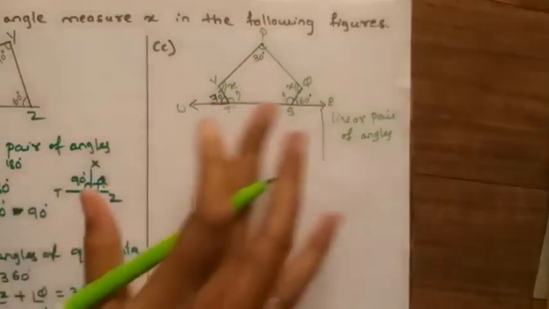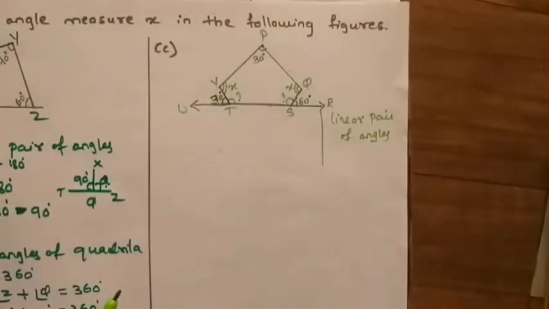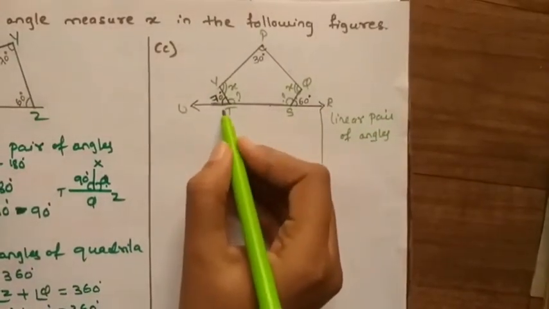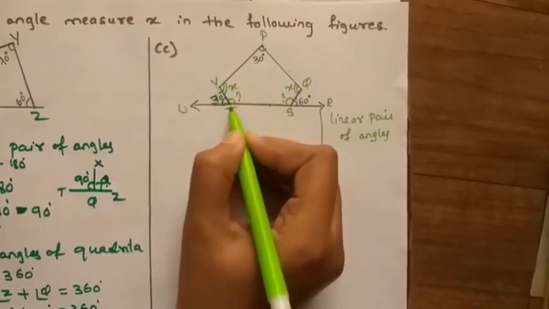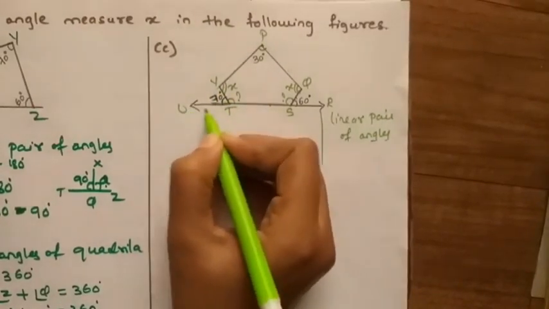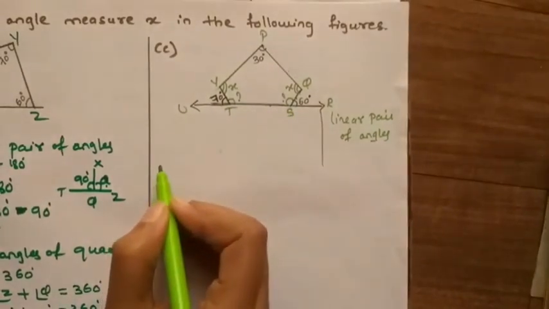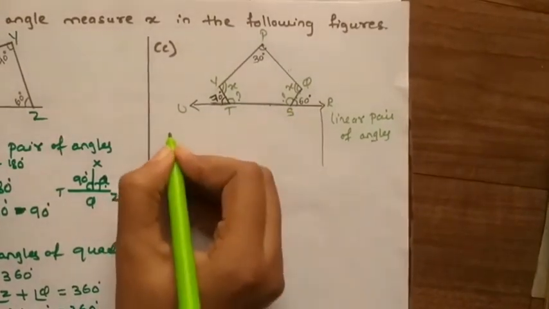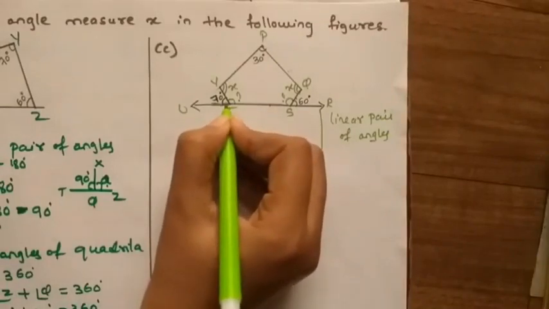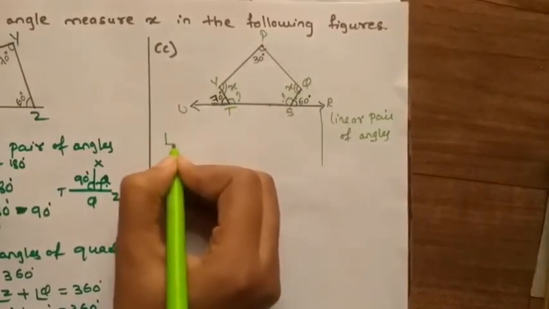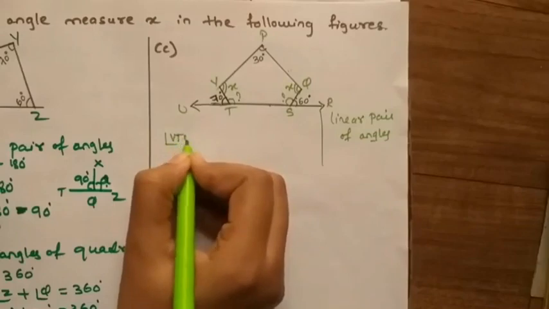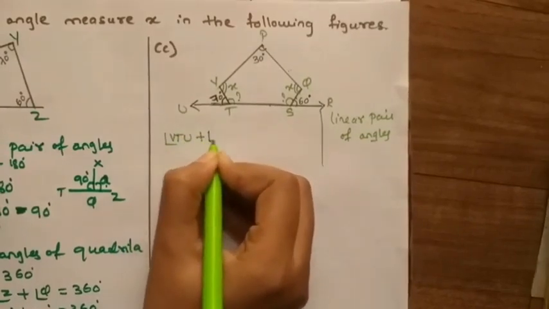Okay, I label this figure. I am going to apply the linear pair. The first linear pair is angle VTU plus angle VTS is equal to 180 degree. I am using a first for this side.